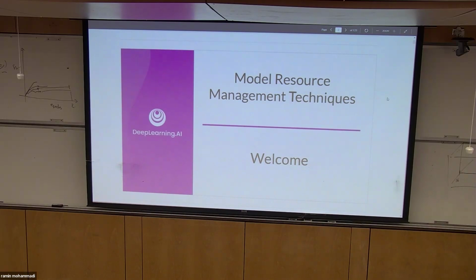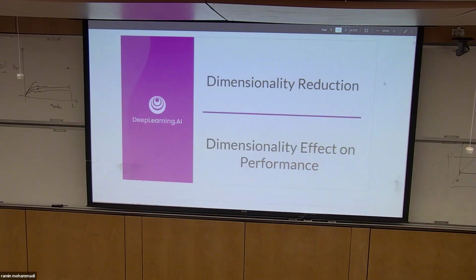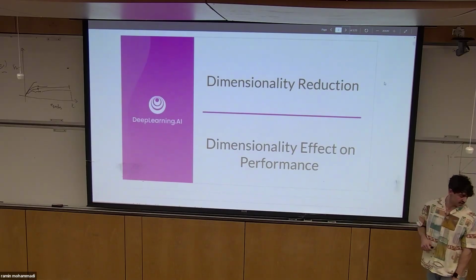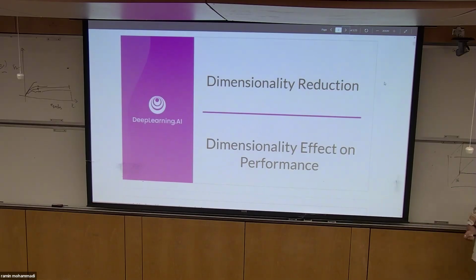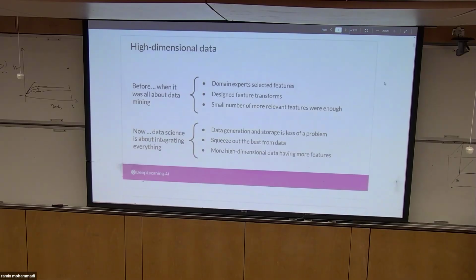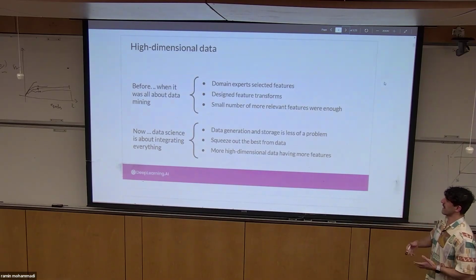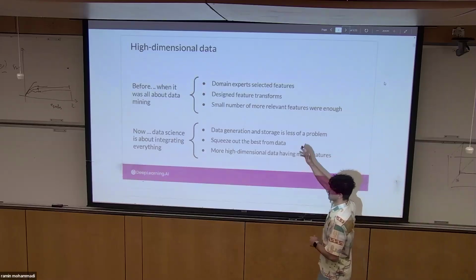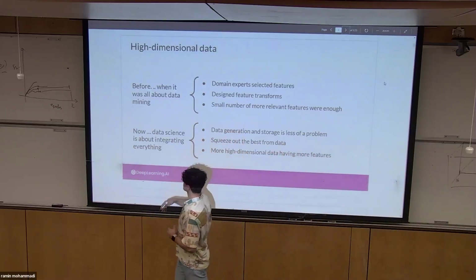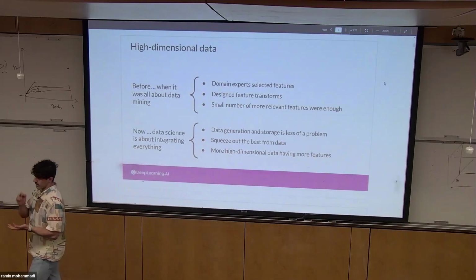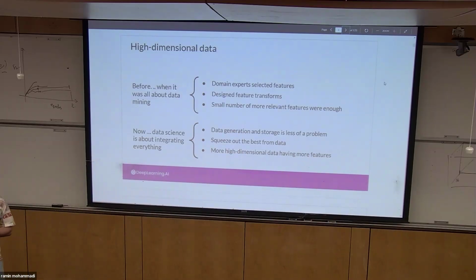Now the first thing we're going to talk about is dimensional reduction, different types of dimensional reduction, and why they're important for the performance of the models. Think about what we had before. Back in the days, the idea was to be really careful in selecting features.